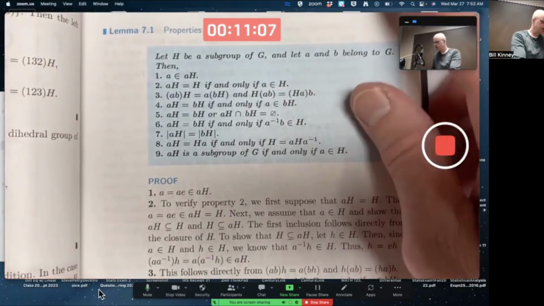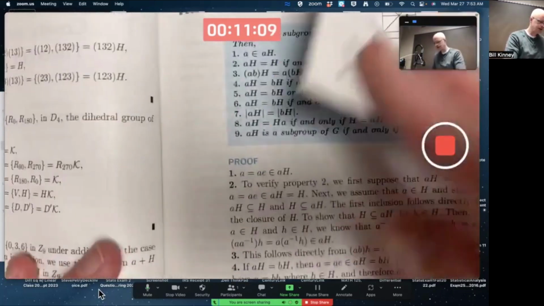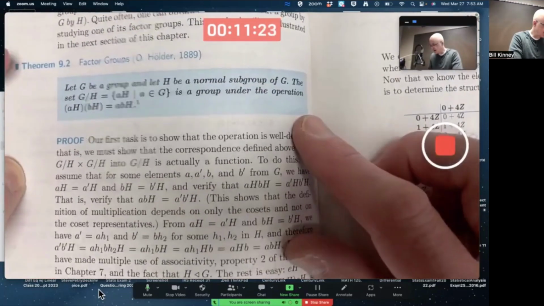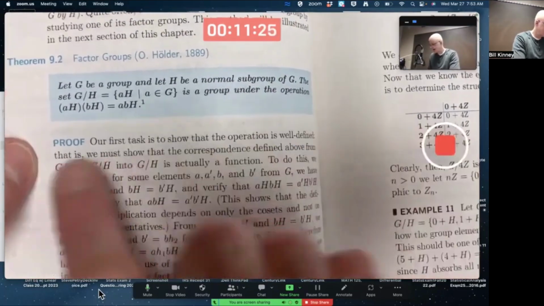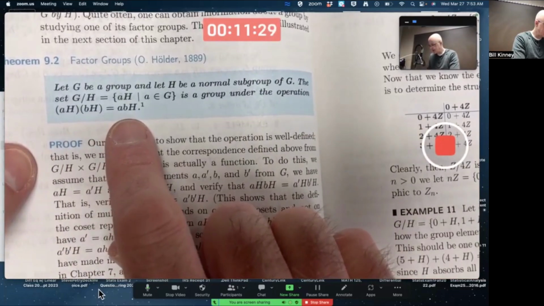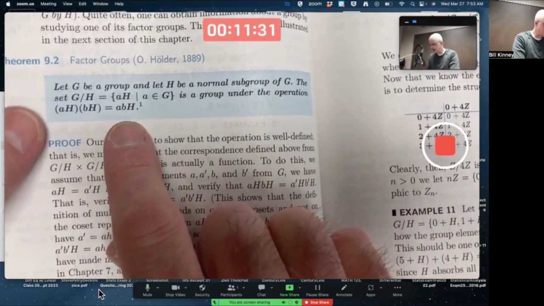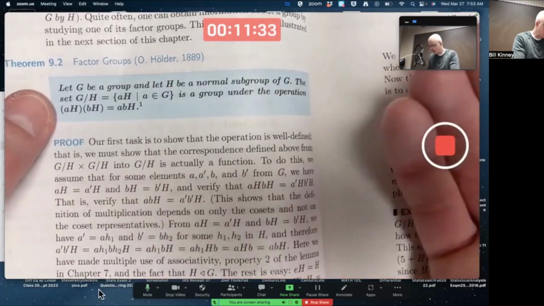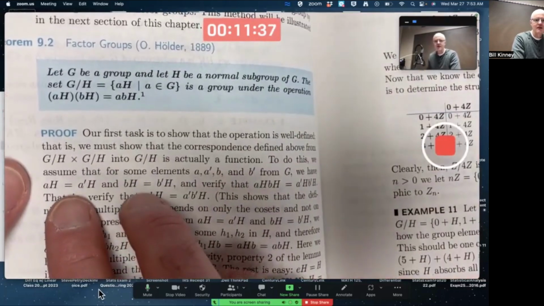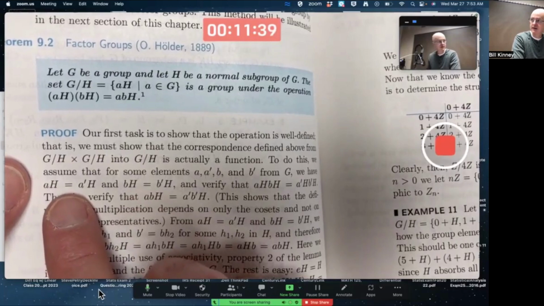I think one example where that comes up is maybe in showing factor group multiplication is well defined. Let me just glance there quick. Yeah, here's the theorem that factor group multiplication is well defined. aH times bH equaling abH is a group operation in the factor group. And you've got to show it's well defined, because the same coset can have different representatives.